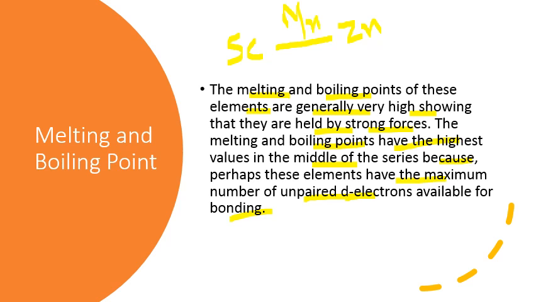So that we can understand with the oxidation state and with the maximum number of unpaired d electrons available for bonding, and it is the reason for the high melting point and boiling point found in transition elements.